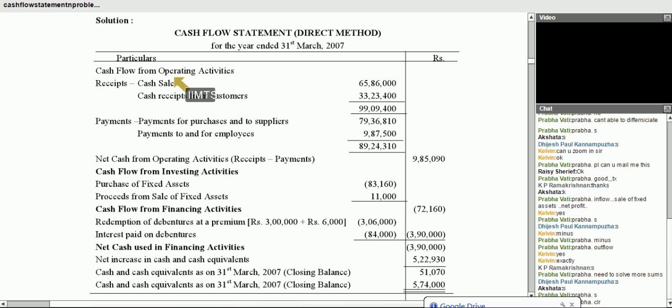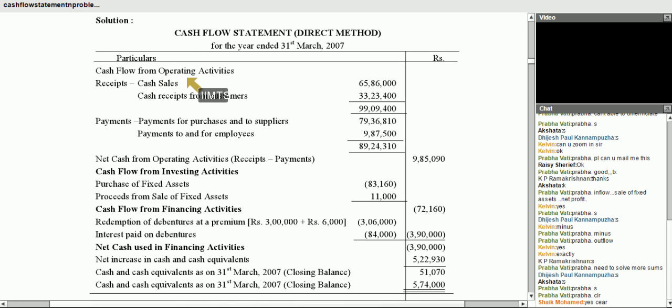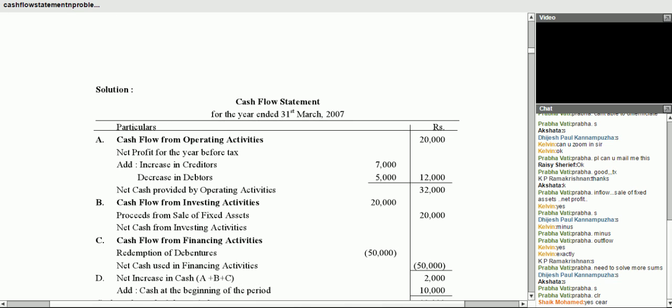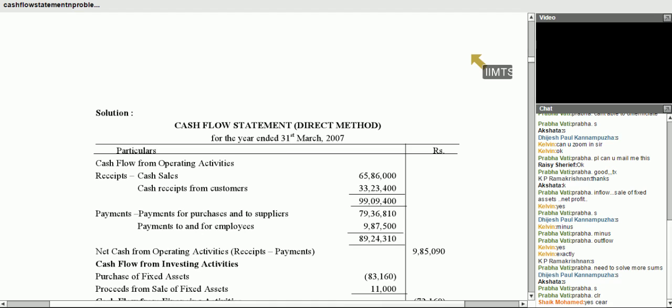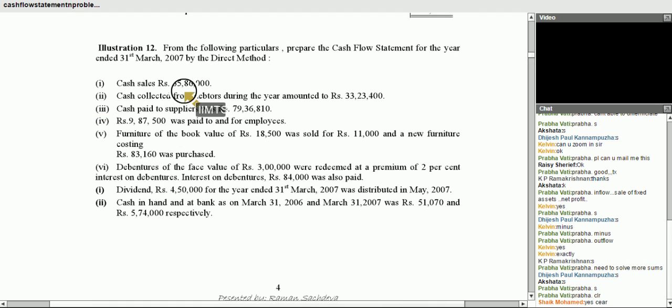Now first we will find the cash flow from operating activities. In this, first we have the receipts of cash sales, which was 65,86,000, and the cash receipts from customers was 33,23,400. As you can see, this one. First one, 65 lakhs 86,000 cash sales, and cash collected from debtors was 33,23,000.